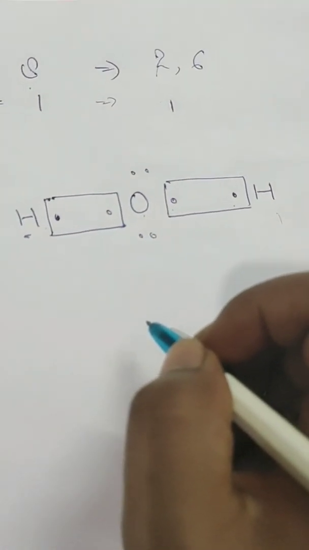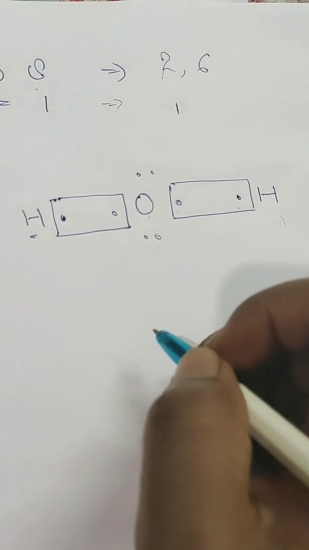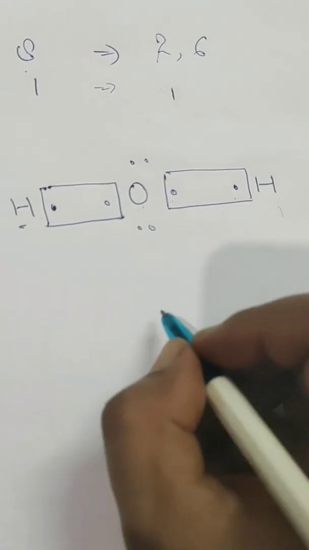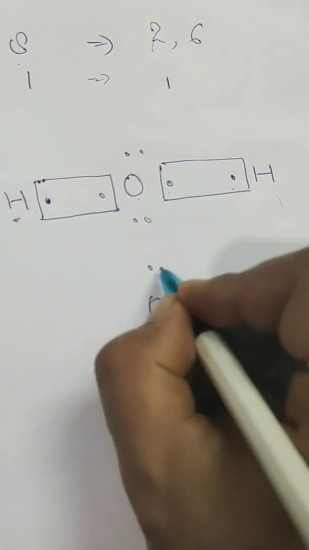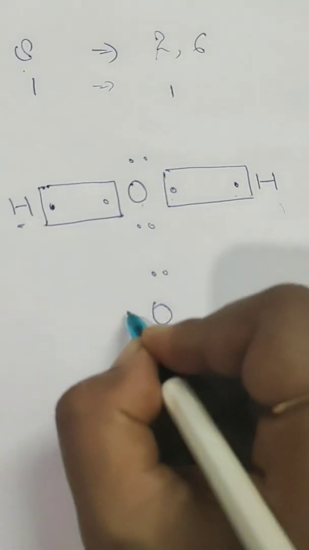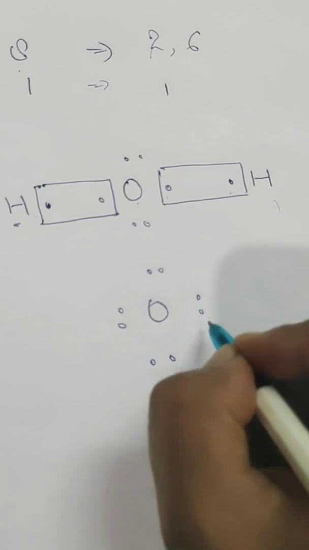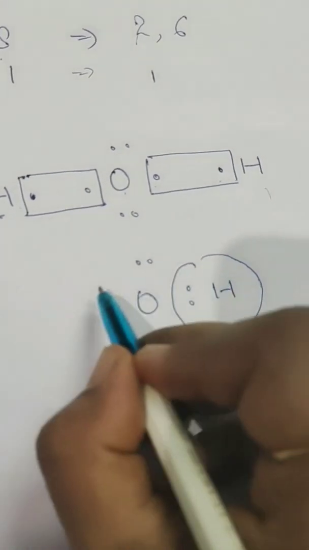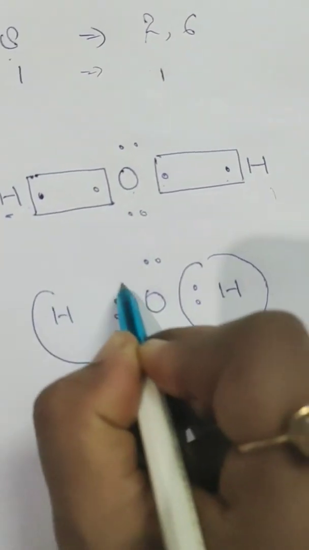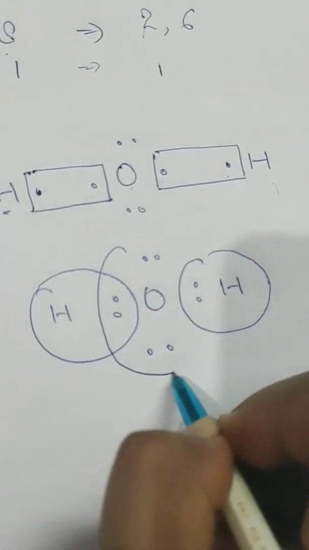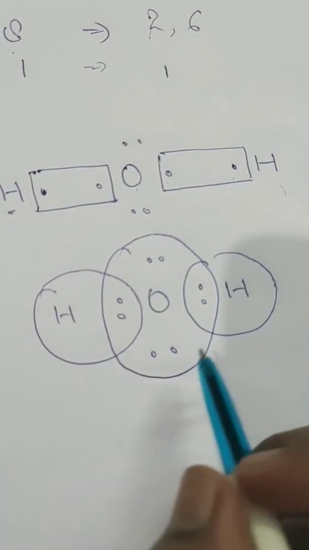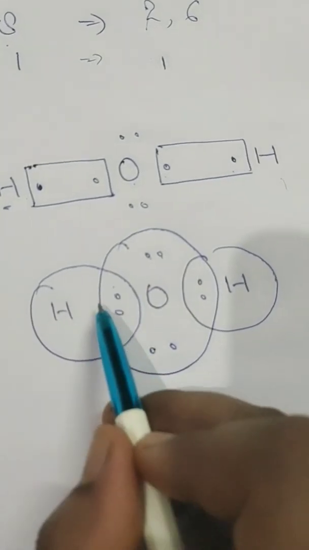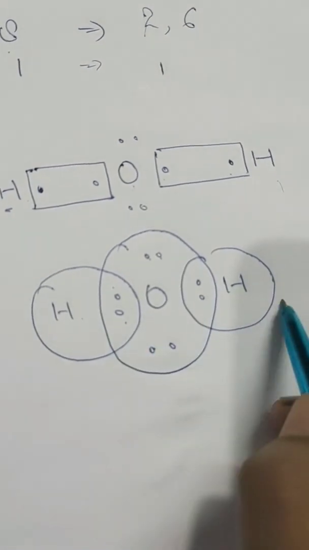That means it used 2 hydrogen and 1 oxygen to form a water molecule. If I explain it simply, it will be like this. Here the hydrogens have shared. So if you see here, oxygen has all the 8 electrons, and each hydrogen is having 2 electrons.